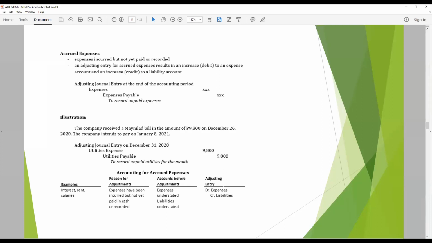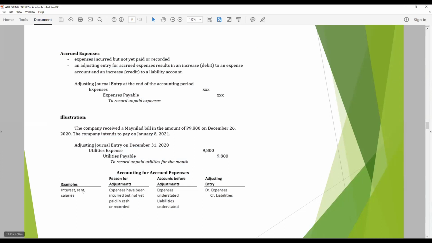Debit nyo utilities expense, 9,800, credit utilities payable, 9,800. So, kahit na hindi nyo pa siya bayad, i-recognize nyo na yung utilities expense. At year-end, payable nyo lang siya kasi hindi pa bayad. So, ganito yung concept ng accrued expenses. So, you should record the expense already incurred even though you did not pay for that expense yet.